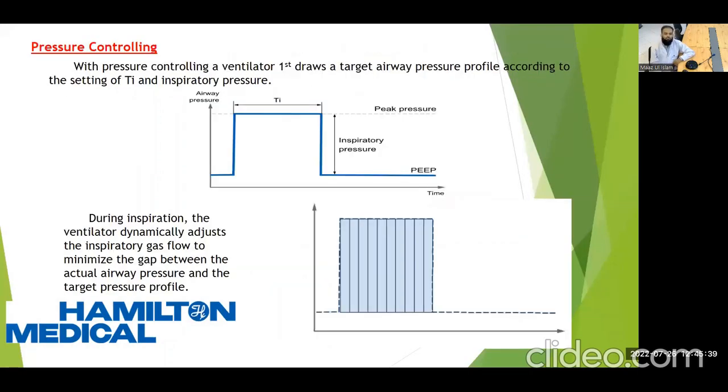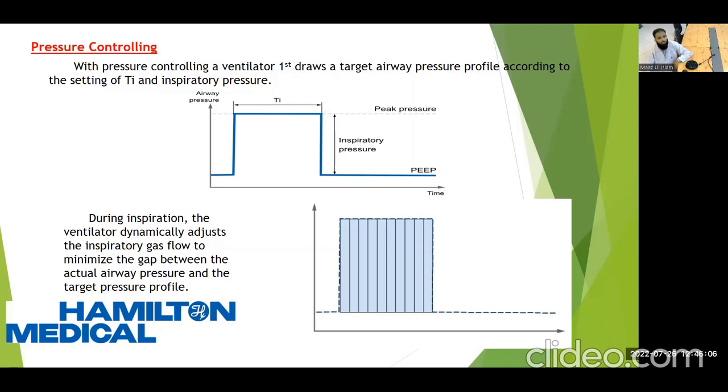So what is pressure controlling? The mechanism with pressure controlling: the ventilator first draws a target airway pressure profile according to the setting of TI and inspiratory pressure. During inspiration, the ventilator dynamically adjusts the inspired gas flow.